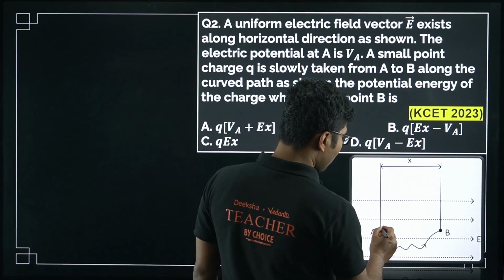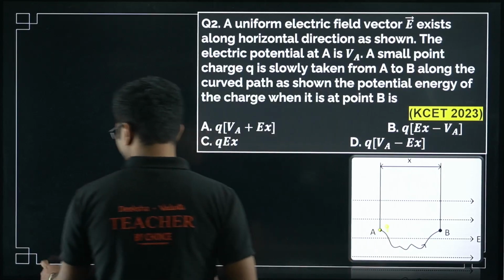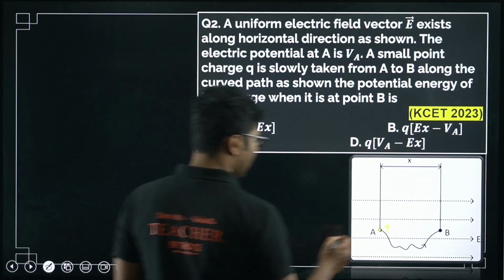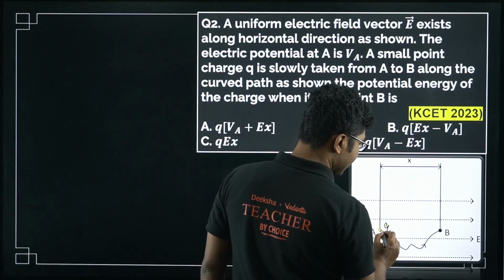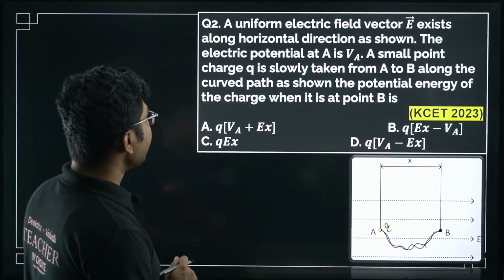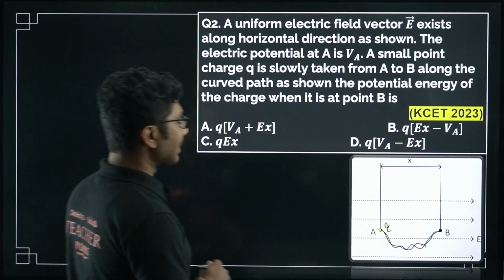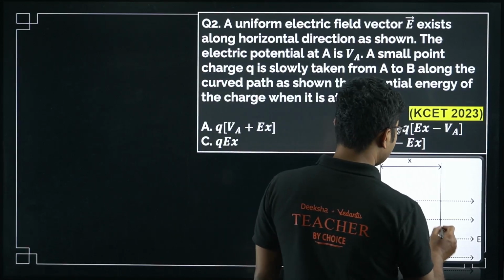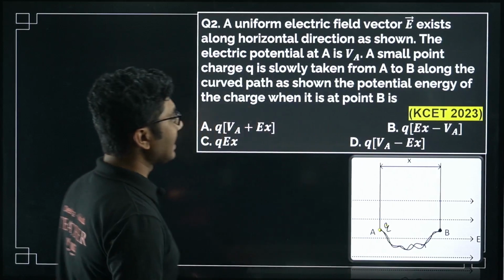So what is the potential energy of the charge when it is at point B?